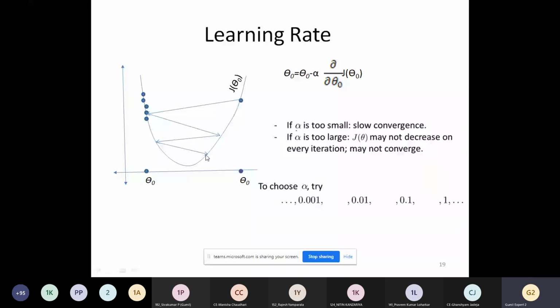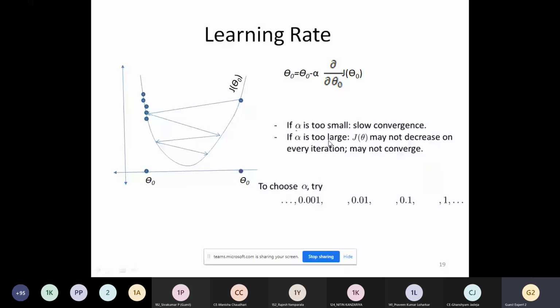You are moving from here to here, here to here, so you will never reach the local minimum, the minimal cost function. So your algorithm may never converge if the value of alpha is very large.